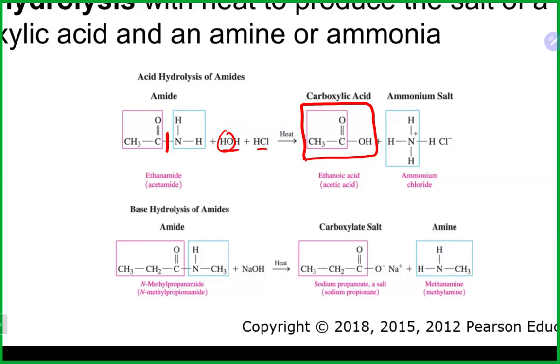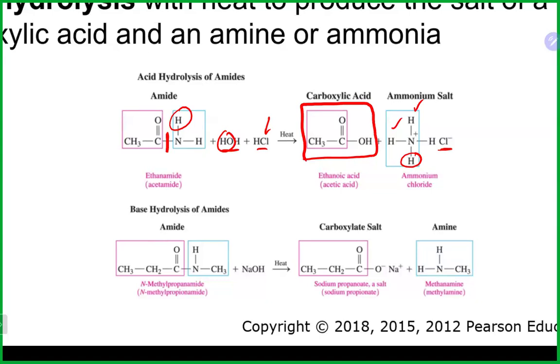We've got a couple of hydrogens to go with the one that was left over, and then obviously we have a chloride from the acid as well. So we don't get an amine back, but we do get an amine salt in this particular case, and we do get the carboxylic acid back. So if you do the acidic hydrolysis of an amide, you get a carboxylic acid and an ammonium salt.